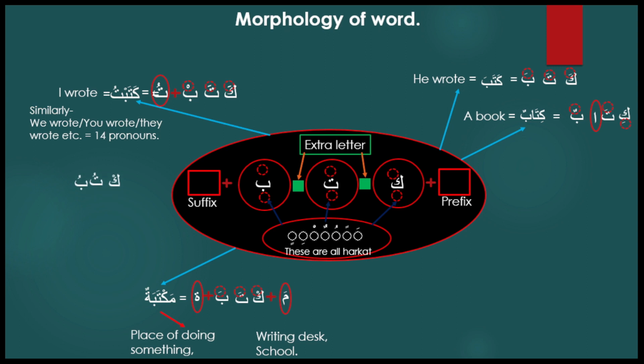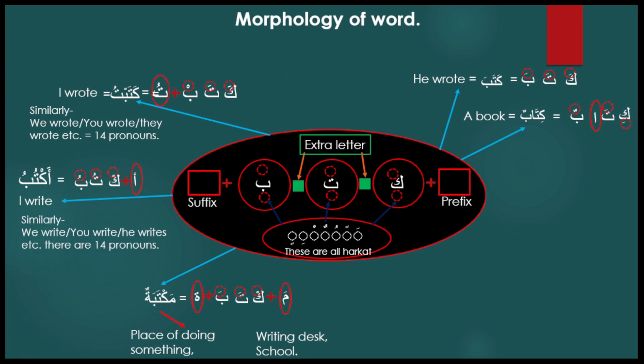We can write sukun on the first letter and dhamma on the second and third letter, and put hamza as the prefix, and we will have aktubu. Aktubu means I write. It is the present tense verb. So similarly, we can write we write, you write, he writes, etc. There are 14 pronouns, we can make 14 words.